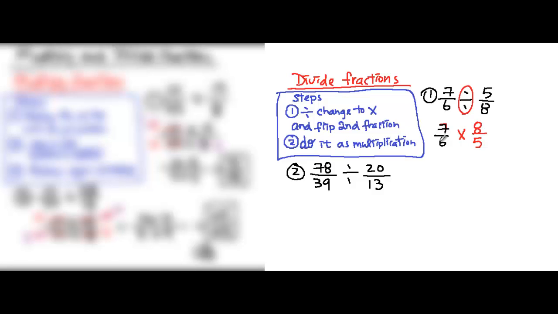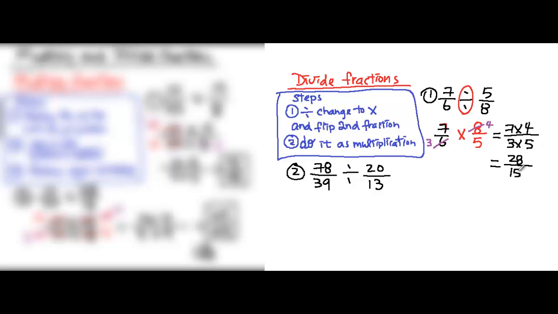Looks like we can do the 6 and 8. So 2 times 3 is 6, 2 times 4 here. After that, top times top, 7 times 4, and 3 times 5 at the bottom. Together we have 28 on top and 15 at the bottom.